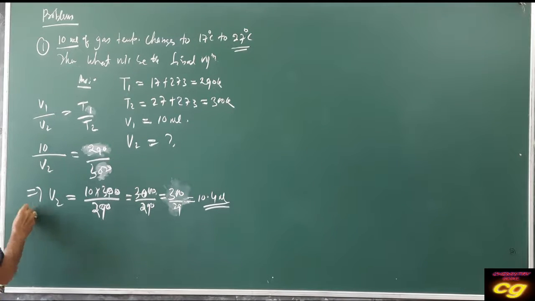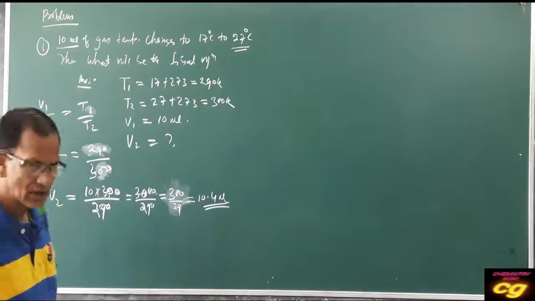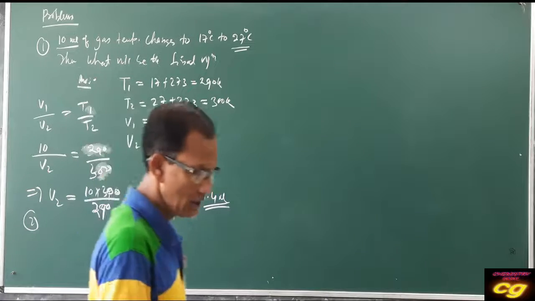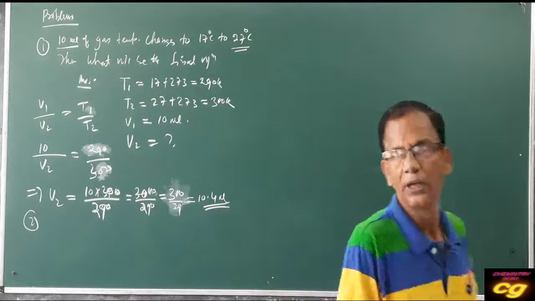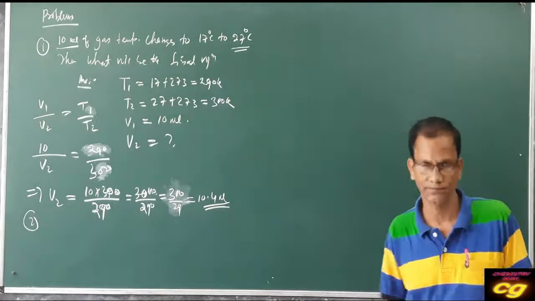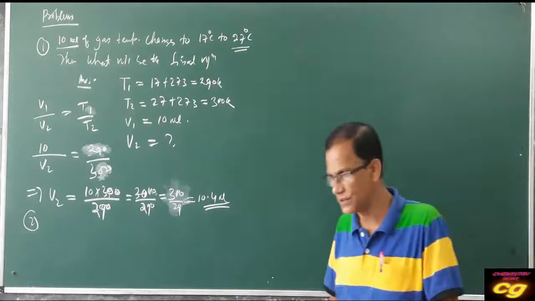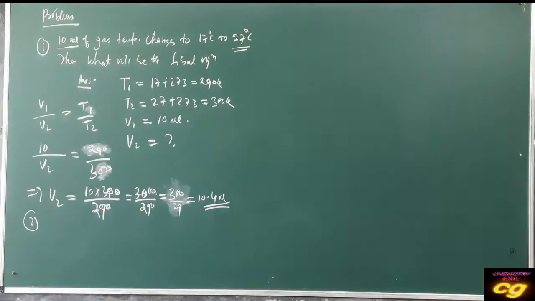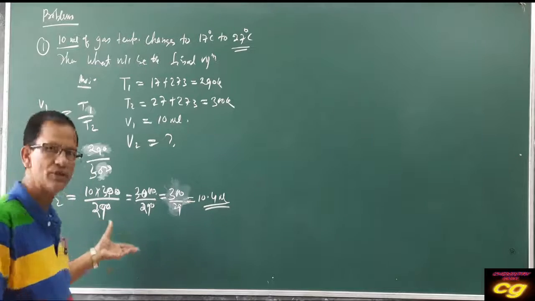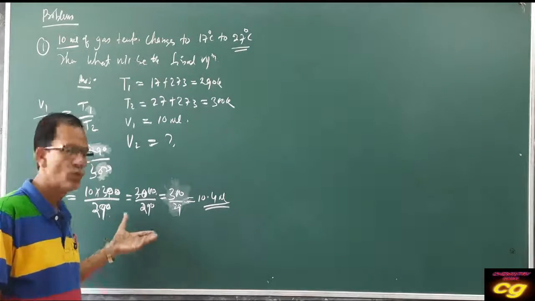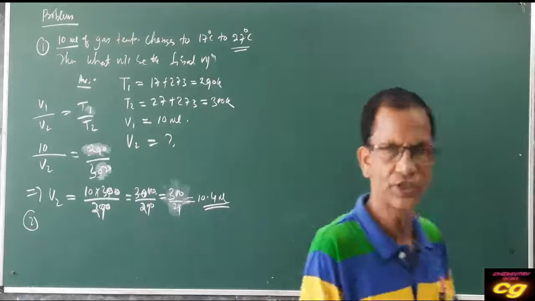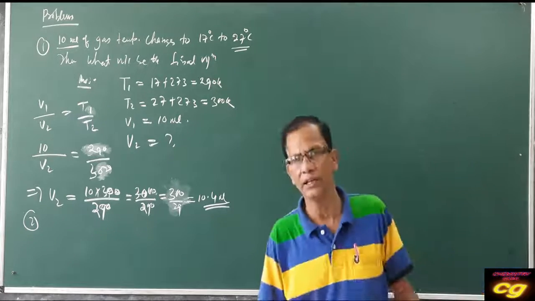Then another important application of Charles law is why the tire of a vehicle bursts during the summer. Sometimes it is observed that the tire gets burst mainly when the temperature is more, due to friction of the tire. Due to more friction, the temperature of the tire increases.